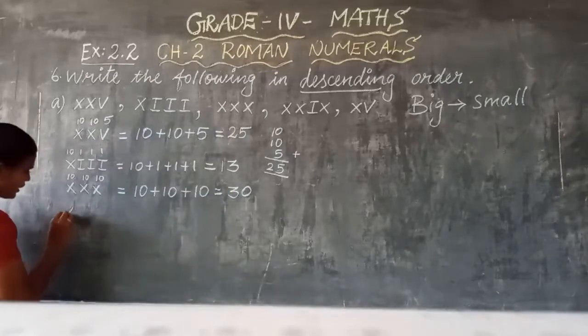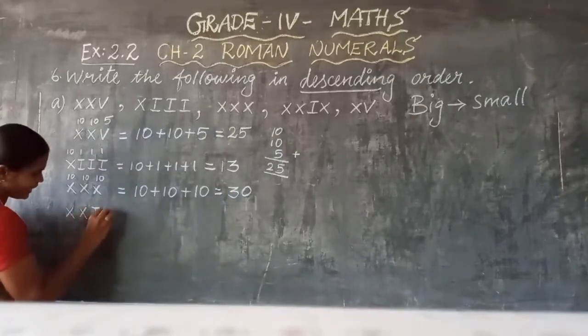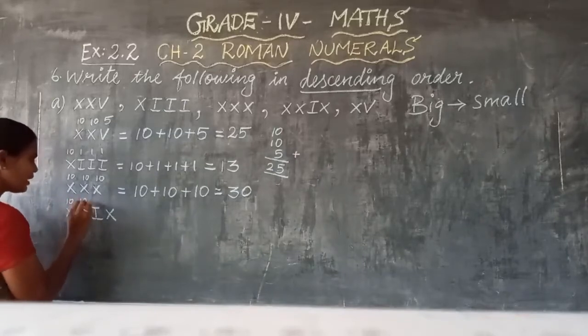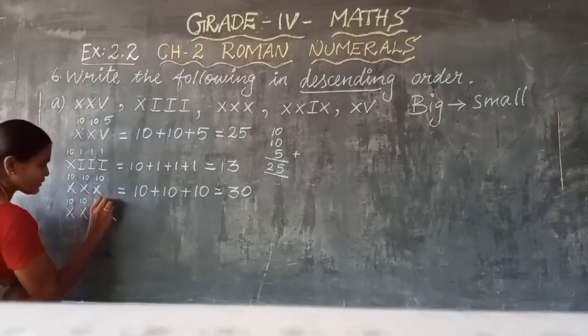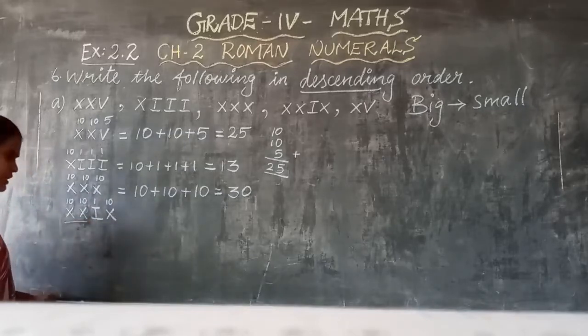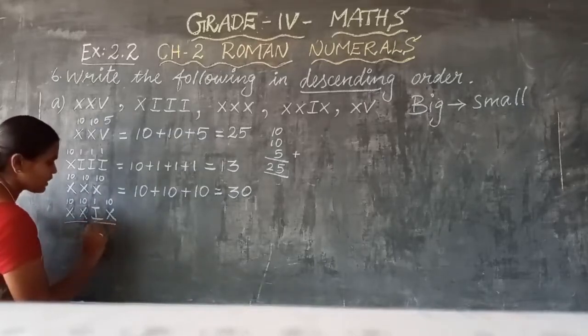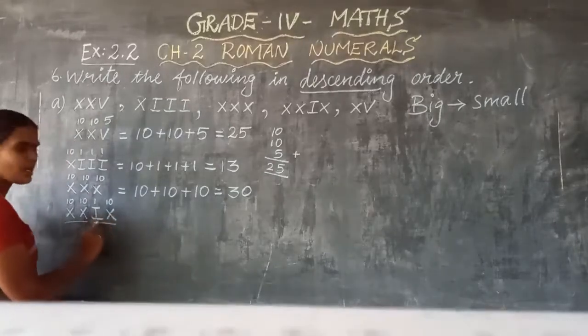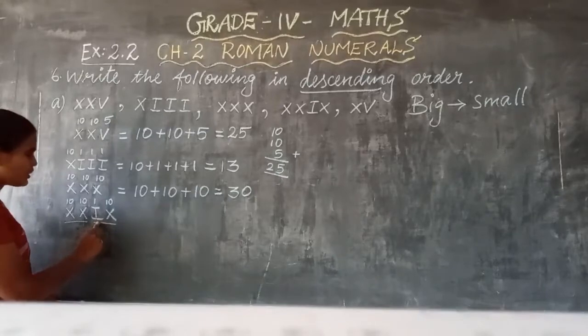Next, XXIX. X value 10, I value 1, X value 10. So here repeated. Repeated means addition. See here, these two numbers. Here which one is the greatest number? X. Left side we have the small number. So left side small number means subtraction.